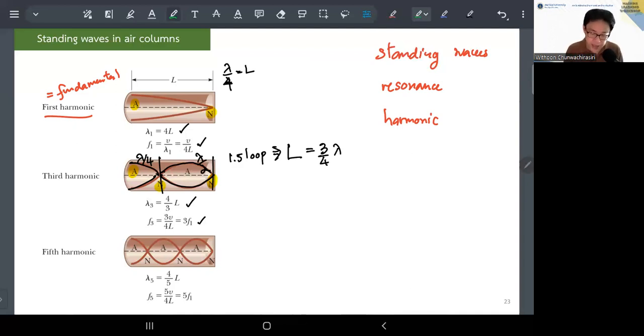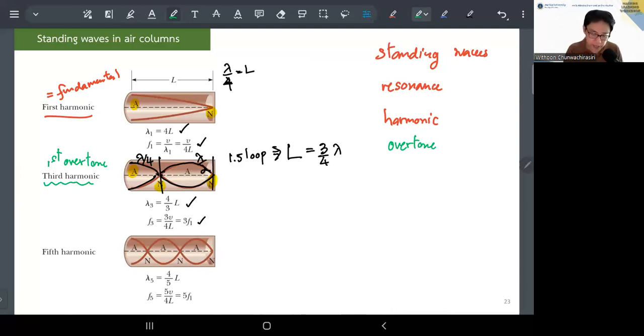Now I can throw in an extra term if you like. This one, because this comes after the fundamental, sometimes you call this the first overtone. So there is a word overtone. Overtone is the next tone.